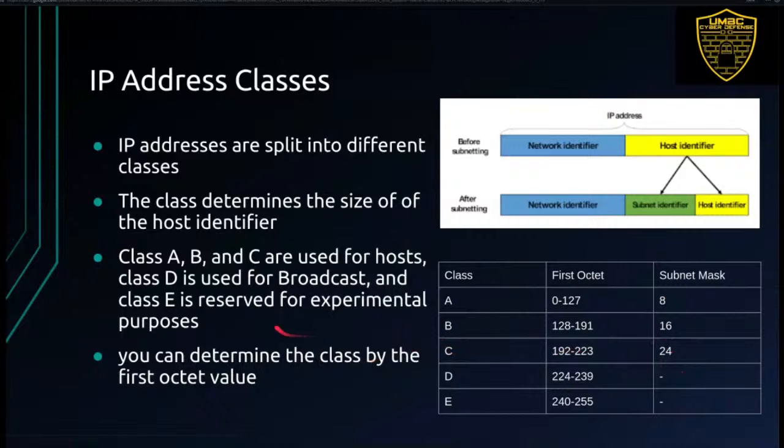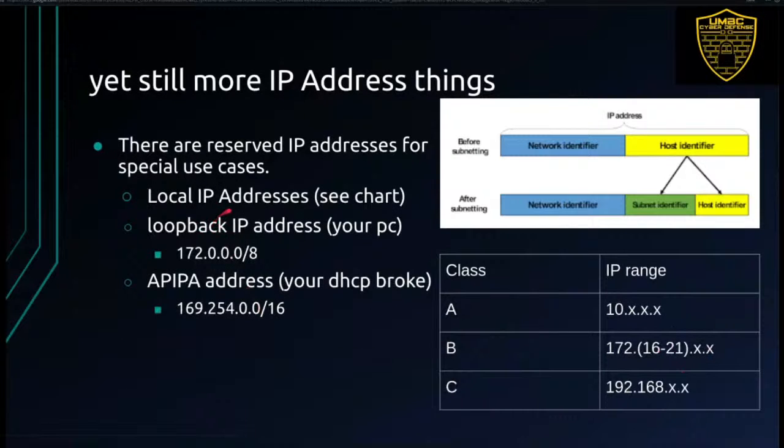Yeah, more IP addresses. There are also reserved IP addresses for special use cases. Your local IP address, which is the local range for your home network, for example, which is this one down here, which you've probably seen, is usually the default. 192.168.something.something is the range that can be used for a local network.